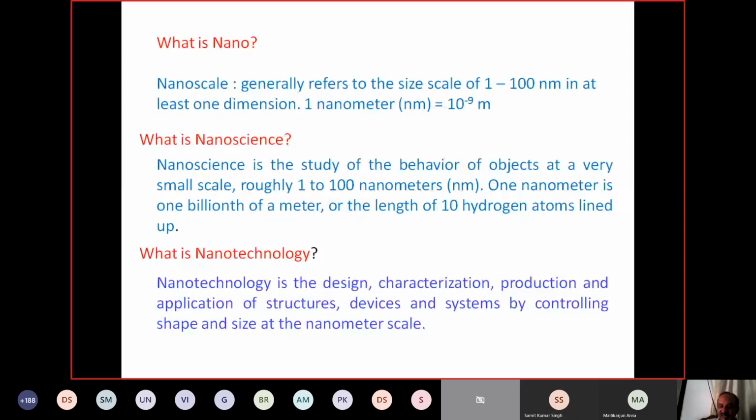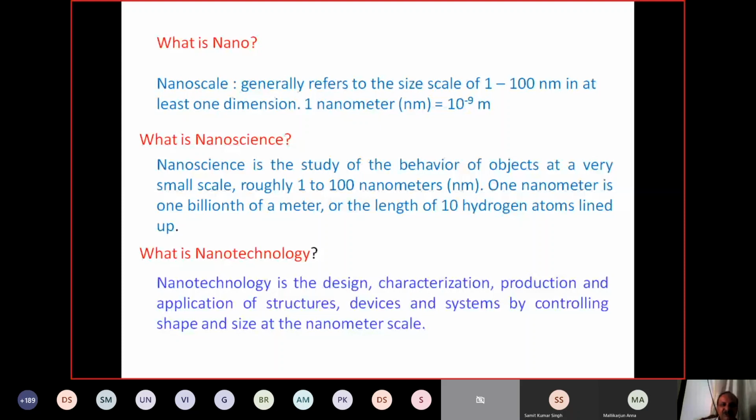If you take a three-dimensional material, in the x, y and z directions, that means length, breadth and width, three sizes are there. If in any direction the material is less than 100 nanometers, we call that a nanomaterial. Beyond that we treat it as a bulk material.